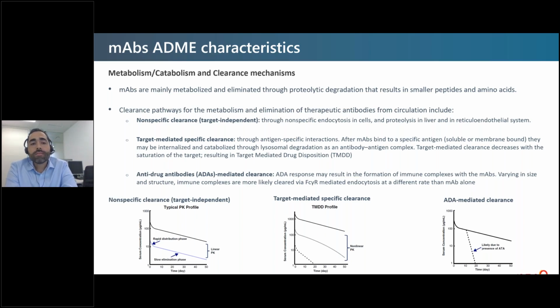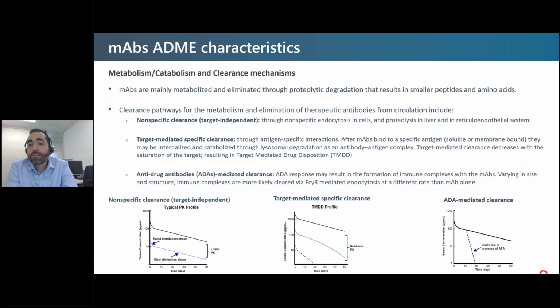The third mechanism is related to anti-drug antibodies, or ADA, which are an immune response resulting from the formation of immune complexes with the MABs. This clearance mechanism is not related to a specific compound or drug, but may be observed in some subjects developing a neutralizing ADA.